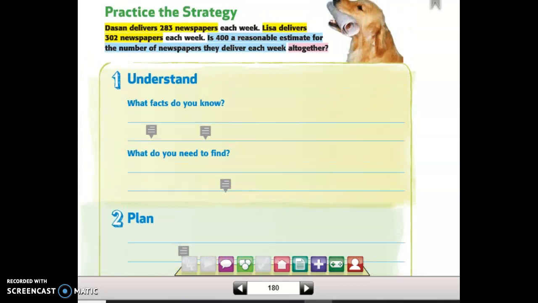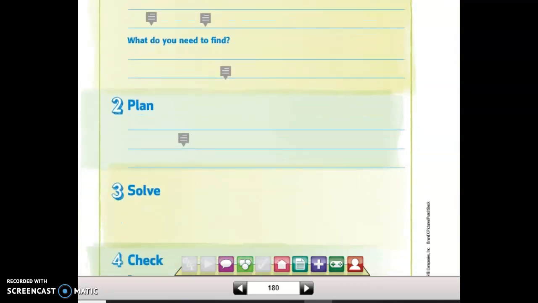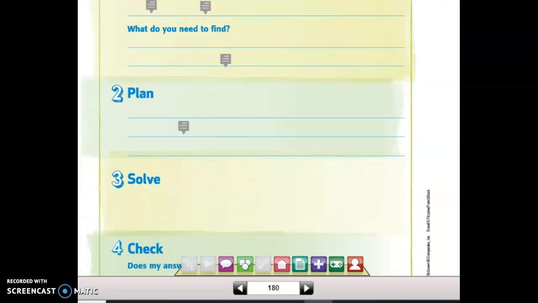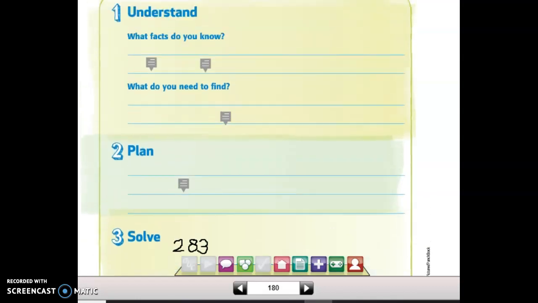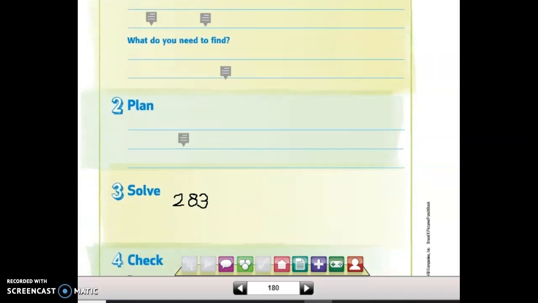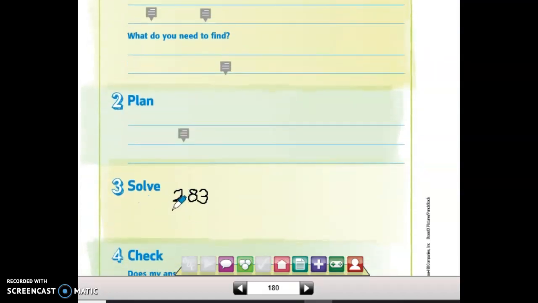Now we've got our room, 283. That's one of the numbers we were given in the problem. The other number is 302. And we're going to round to the hundreds place.